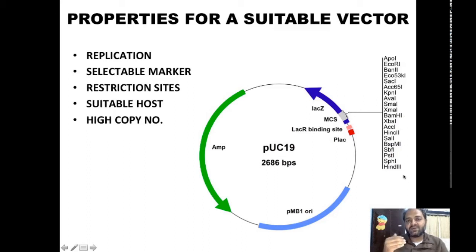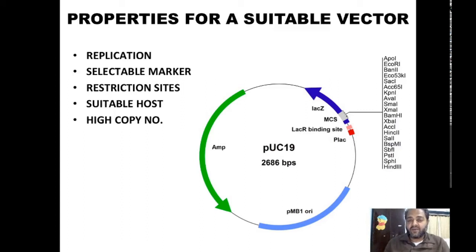Now, this also helps the researcher or the person who's working in the lab, because all the enzymes may not be available. Imagine if you have only one particular restriction site and you do not have that particular enzyme, then you are in a dilemma of whether to buy a new enzyme, and enzymes might be expensive and so on and so forth.